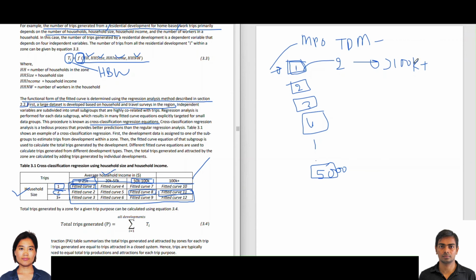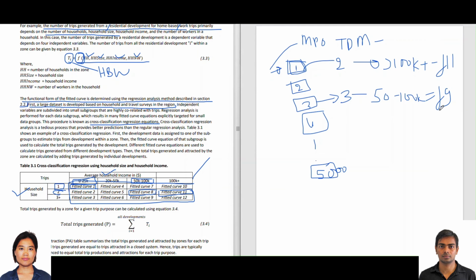For another example, let's say household size is 3 and the income range is 50 to 100k. Then looking back to this table, let's say this is the table we are going to use for the MPO model, we look at household size 3 and the income range here. Then we will use fitted curve 9.